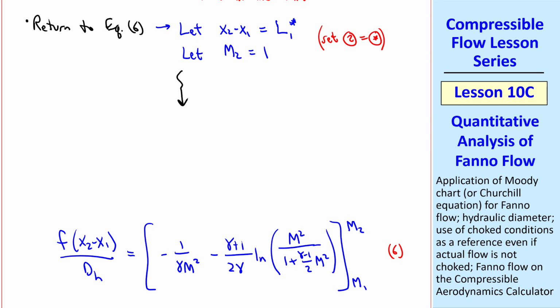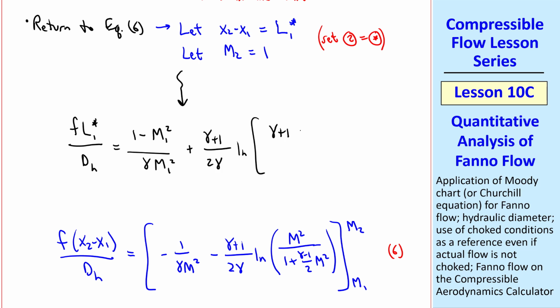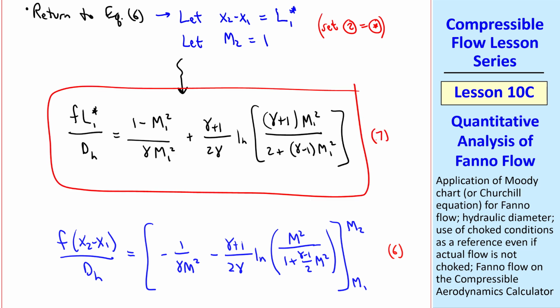Well, after some algebra again, we get f L1 star over D_H equal (1 minus M1 squared) over (gamma M1 squared) plus (gamma plus 1) over (2 gamma) times the natural log of ((gamma plus 1) M1 squared) over (2 plus (gamma minus 1) M1 squared). And I'll call that equation 7.